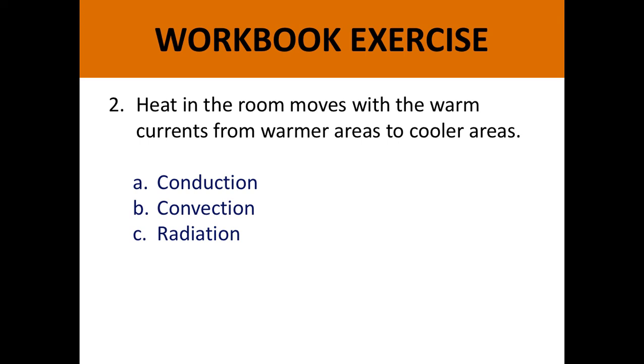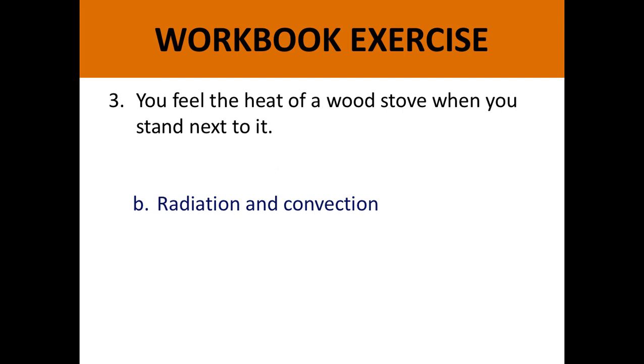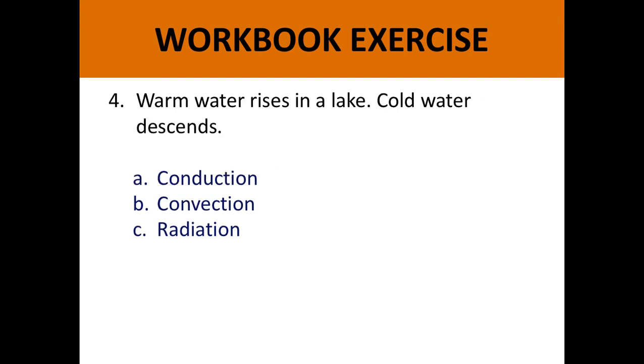Convection. Air currents. You feel the heat of a wood stove when you stand next to it. We have convection and radiation. Warm air rises in a lake, cold water descends. Again, currents. Convection.